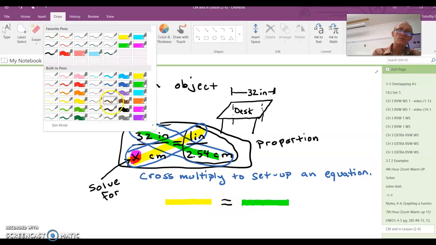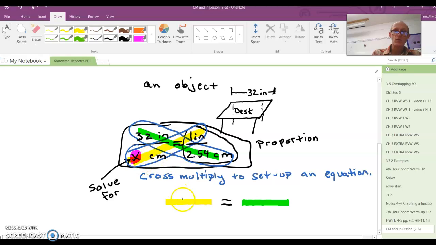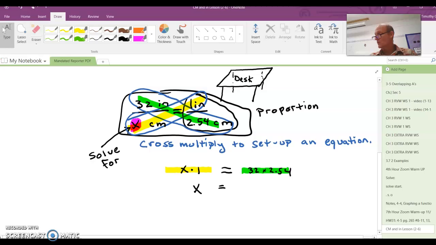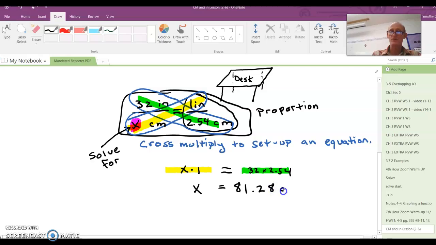So in this problem, it is x times 1 equals 32 times 2.54. So x equals, because 1 times x is the same as x, and I'm doing my calculator right now, 32 times 2.54, which is 81.28 centimeters.